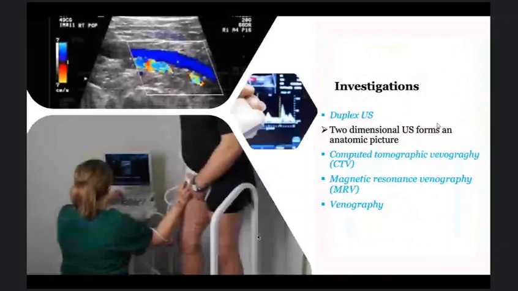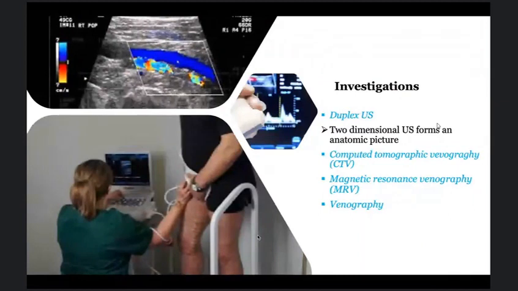What about investigations? What investigations do we need in a patient with varicose veins? First, ultrasound or duplex ultrasound, a very, very important and very common investigation used to investigate a patient with varicose veins. Very informative, very accurate, cheap and available.